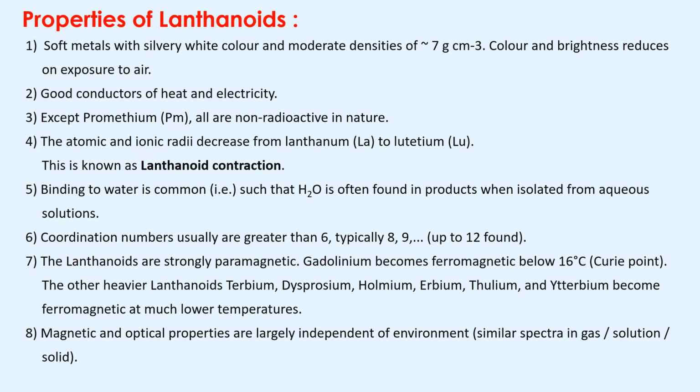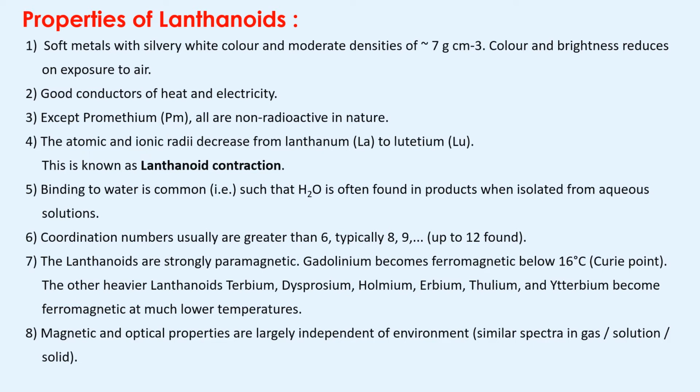So if you recollect these properties, what are they? They are soft metals with a silvery white color, and good conductors of heat and electricity. Except promethium, all are non-radioactive in nature. Their atomic and ionic radii decrease from lanthanum to lutetium, which is called lanthanide contraction. Binding to water is very common and is found when isolated from aqueous solution.